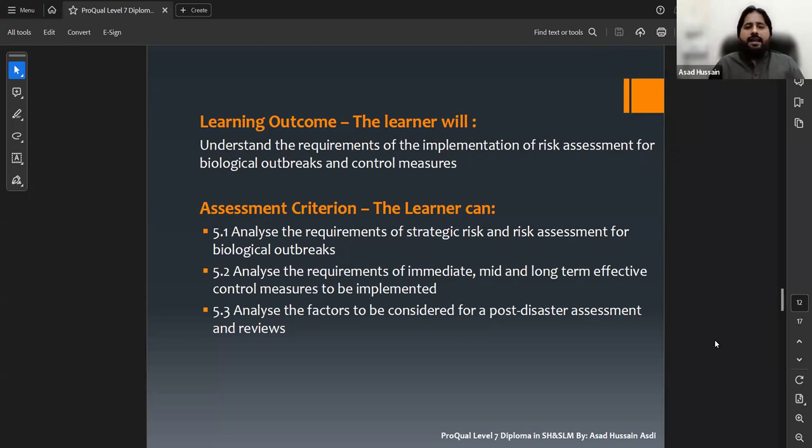So in 5.3, analyze the factors to be considered for a post-disaster assessment and review. In any organization, conditions which are not expected, or which were not considered, can happen, and in that case there are losses, and those losses are too much. Their severity is too much.